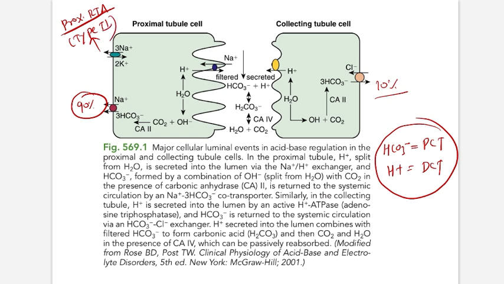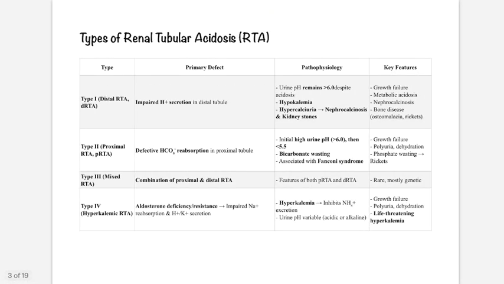Any problem in acid secretion leads to distal RTA, and this is type 1. Remember, distal RTA is called type 1. So this is type 1 and type 2 RTA, distal and proximal RTA. With this important background knowledge, we'll go to this beautiful slide which explains everything and summarizes the RTA.